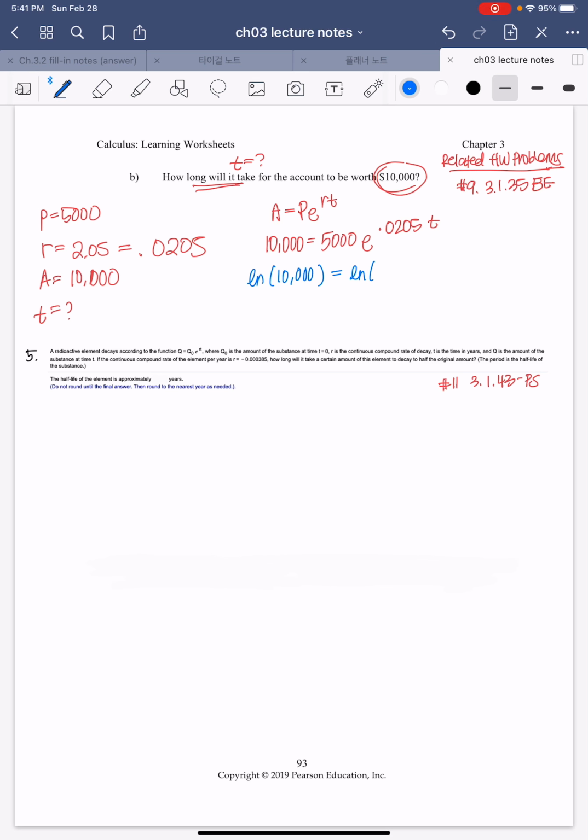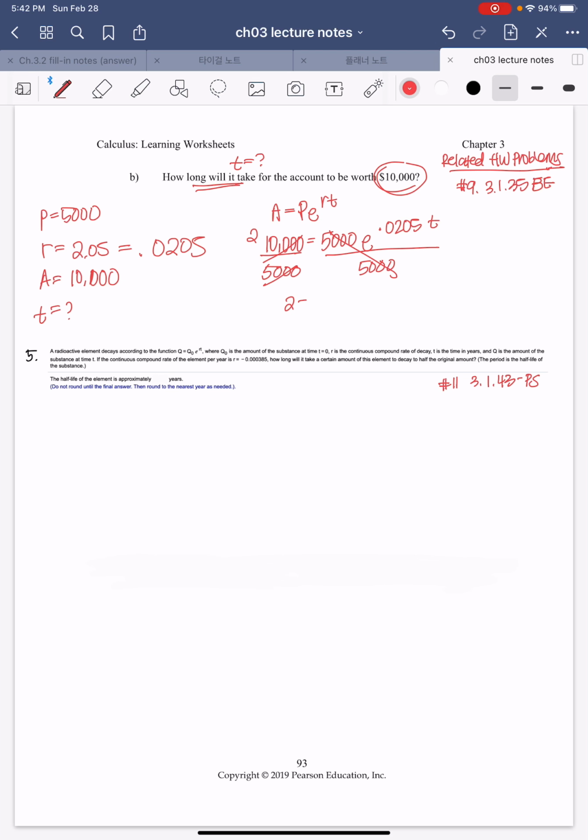Oh, let me do a little trick. Before we do that, I'm going to make the numbers simple because these are large numbers. So I'm going to divide by 5,000 because this is just a product. That way we are dealing with a smaller number. So 5,000 goes into 10,000 twice.